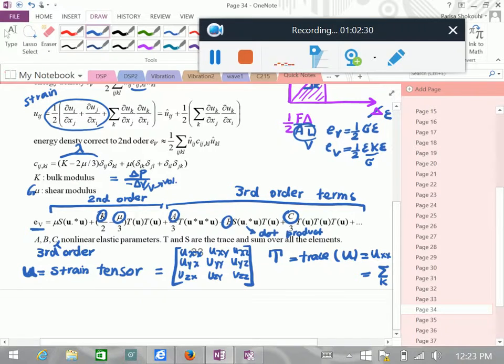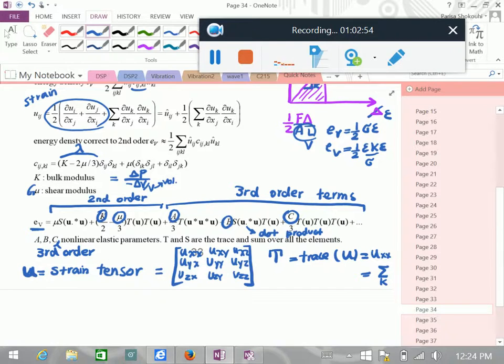There are different kinds of nonlinear elastic parameters also in the literature. Very important ones are l, m, n, for example. There is alpha, beta, delta. And if you look in any reference, you can see the relationships between them. I don't know them off the top of my head, but you can always look it up. Just know that you need three.